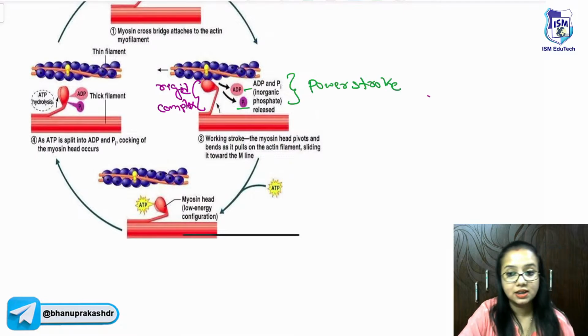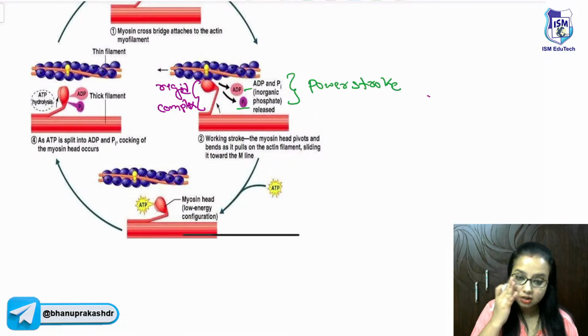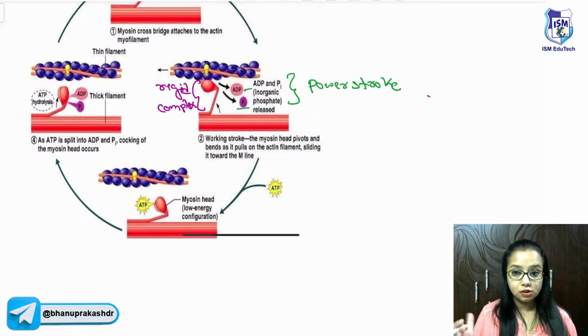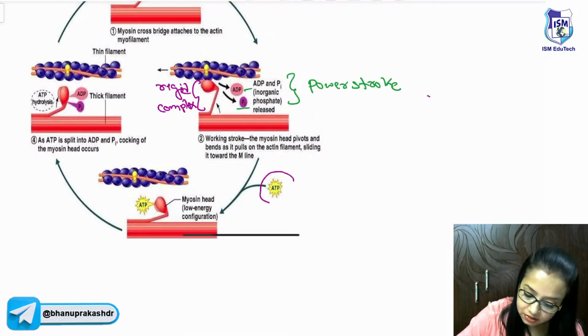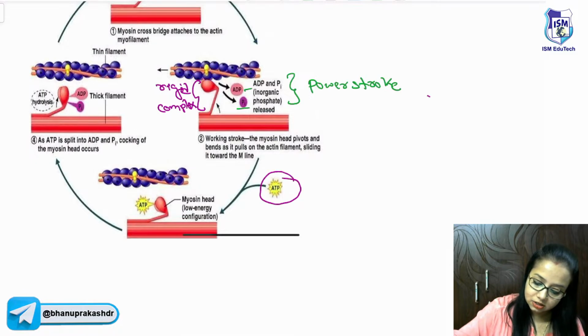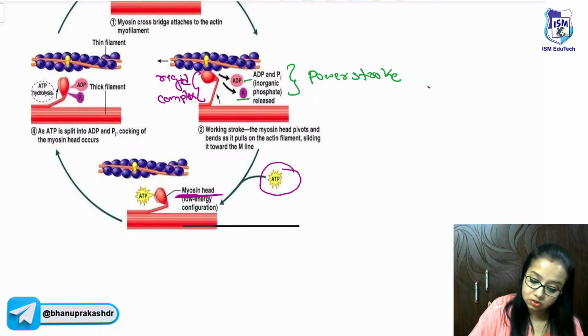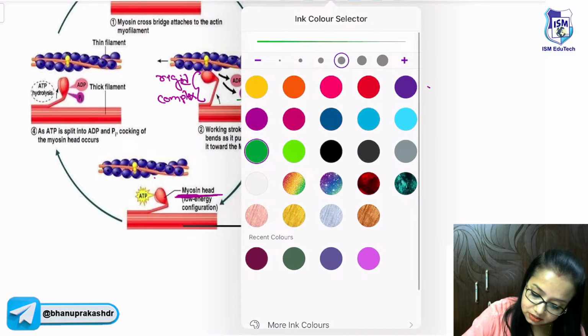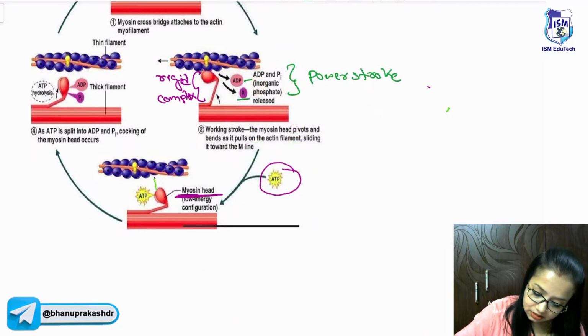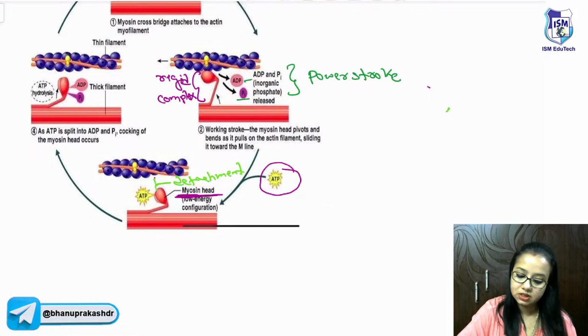Now contraction is over, relaxation has to happen. The unbinding of the myosin from the actin will happen when ATP goes and joins the myosin head. Once another molecule of ATP binds with the myosin, see here the detachment of the myosin from the actin.